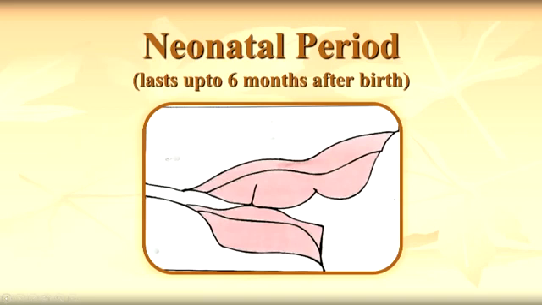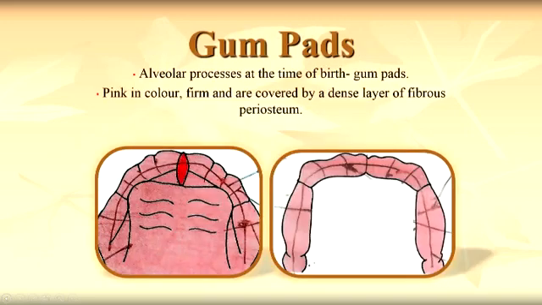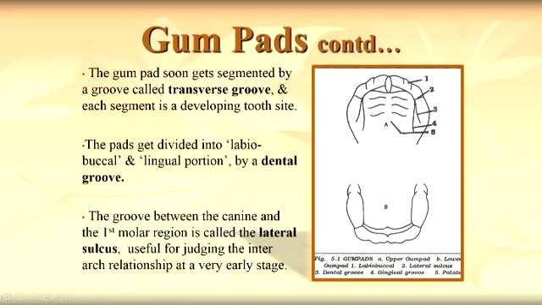The neonatal period lasts up to 6 months after birth. The gum pads, the alveolar processes at the time of birth, are pink in color, firm, and covered by dense layers of fibrous periodontium, as shown in this picture.